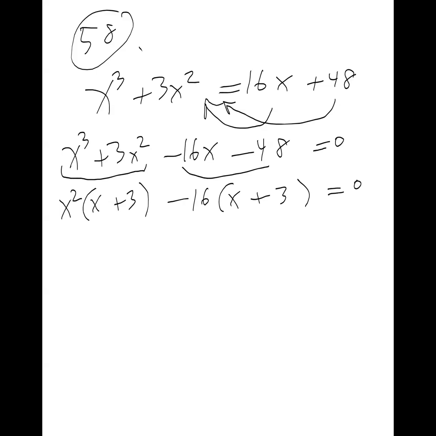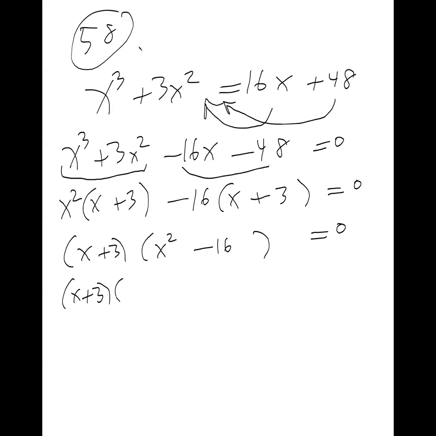Now we take the common factor, which is the x plus 3, take that one to the front, and put the rest of it in parentheses. If you take out the x plus 3, you'd only have x squared and the negative 16 left. Like that. And we're not done yet, because x squared minus 16 can still be square rooted and factored further.